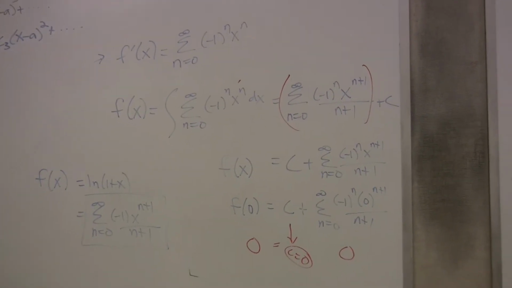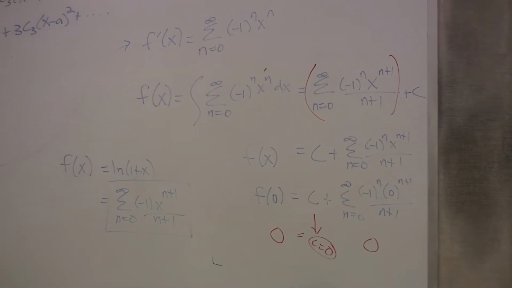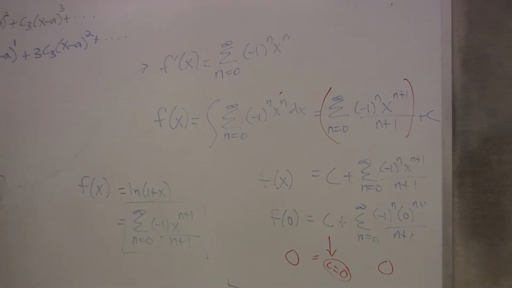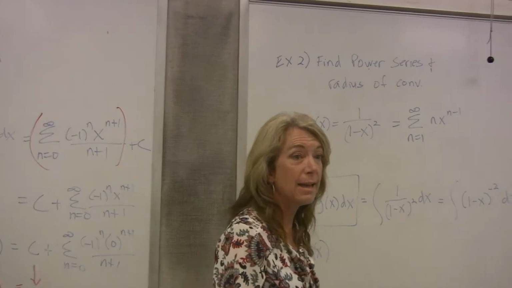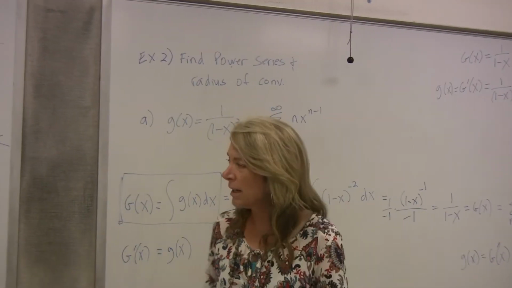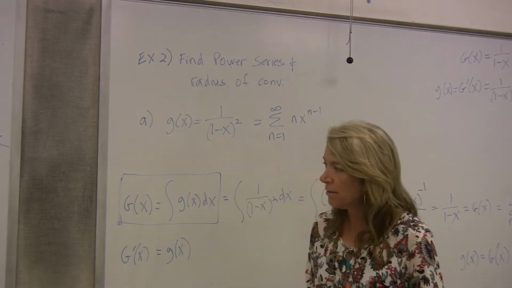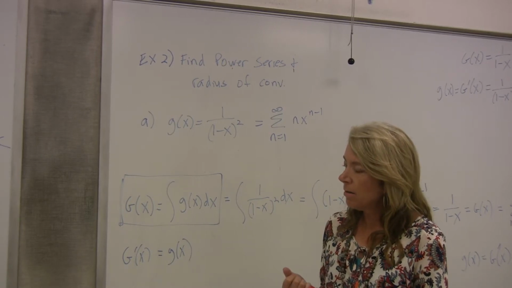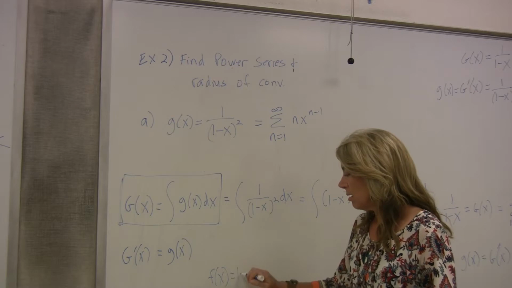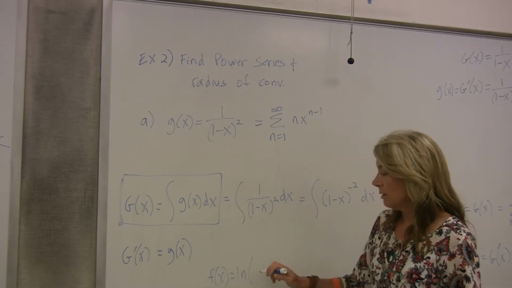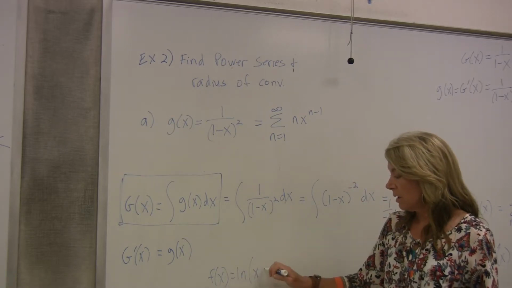Questions then? Yes? So were you saying that when we do integrate, we have to find out if C is some value other than 0, and we'd have to include that in our answer? Yes, exactly. I can't come up with one off the top of my head right now, but let's say you had some function, natural log of x plus 4.